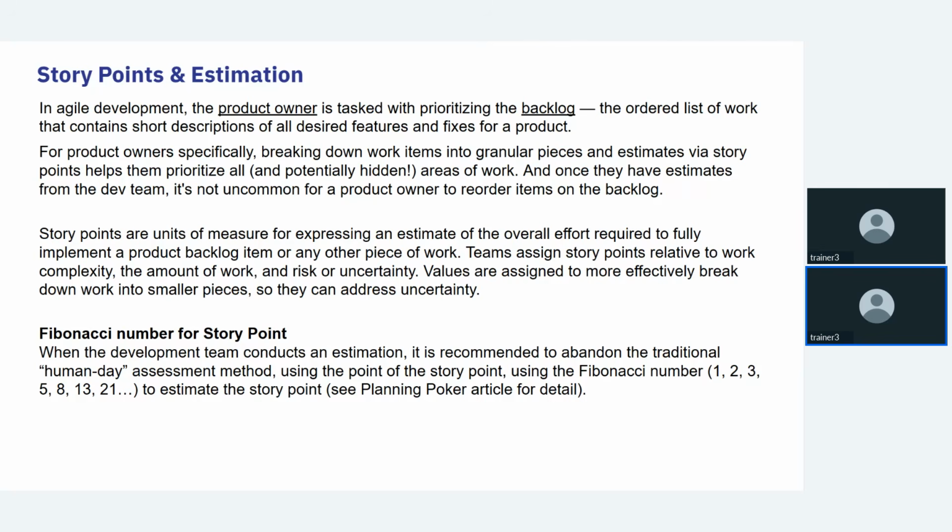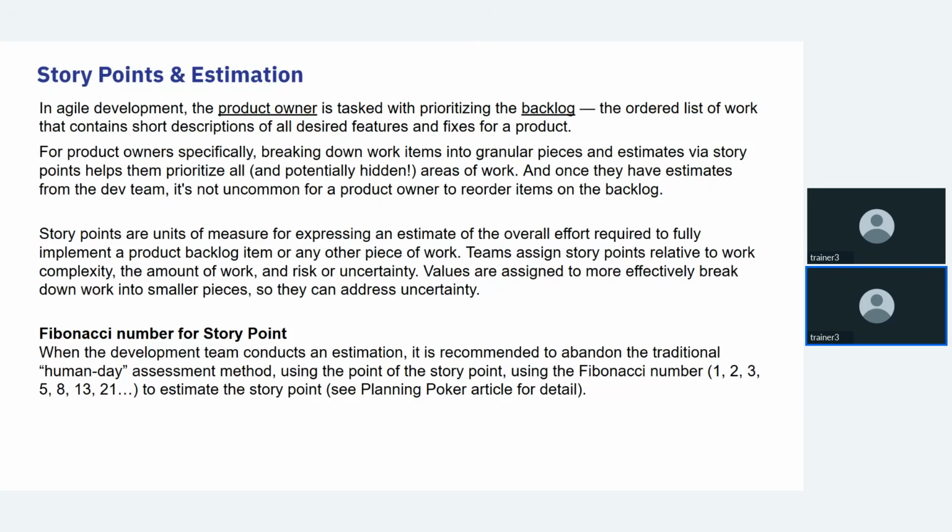Story points are units of measure for estimation. You need to understand every requirement of the project. For example, if I give Fibonacci numbers as story points, when the development team conducts the estimation, it is recommended to abandon the traditional man-day assignment method.